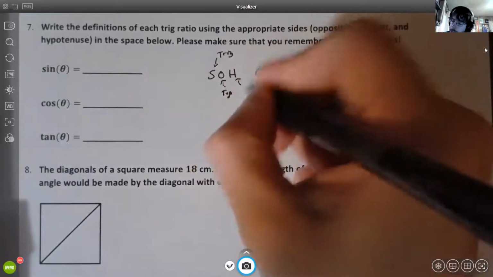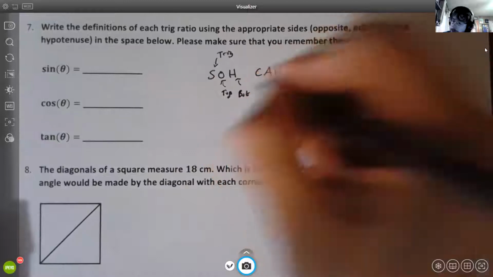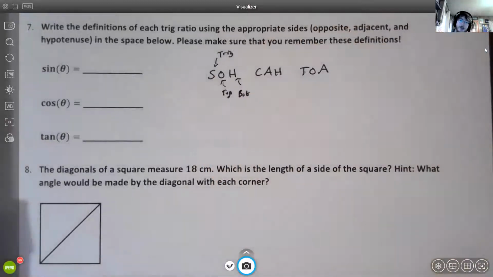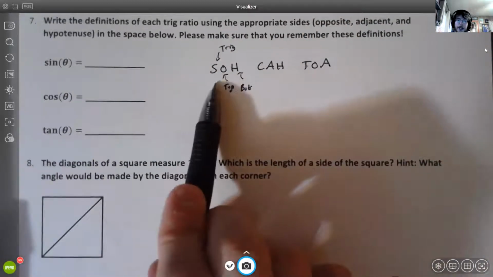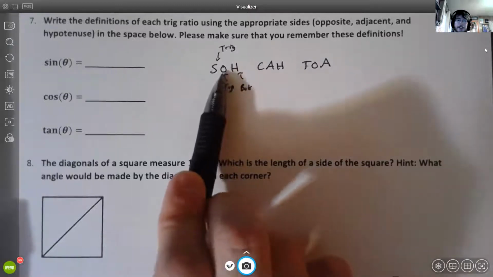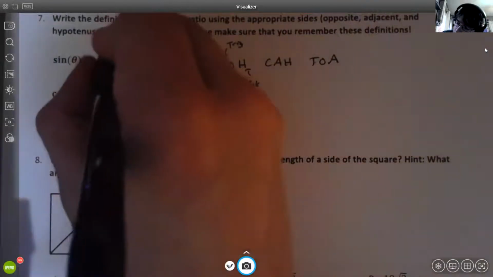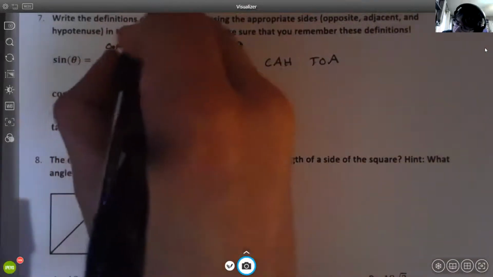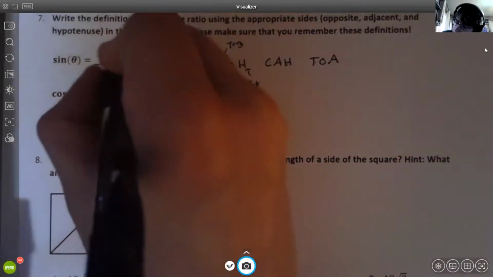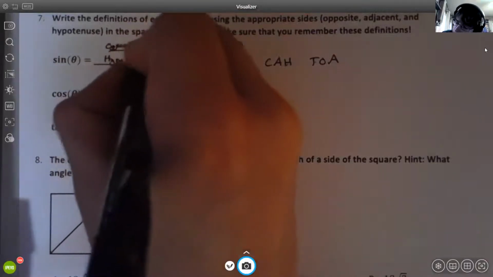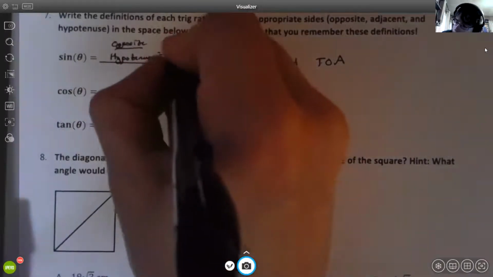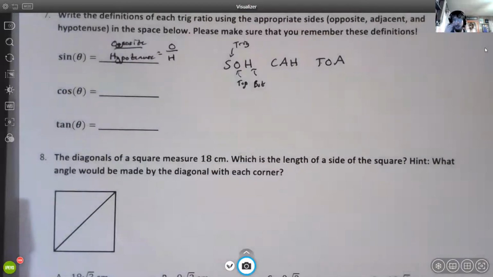And the third letter stands for what's on the bottom. So S stands for sine, and sine is defined as O over H. So that would be opposite over hypotenuse. And you could just say O over H, because when we start working with trig, I'll show you that that's what I do.